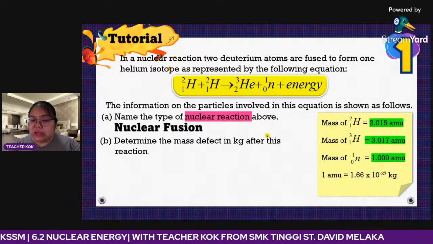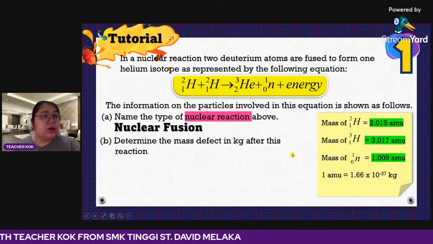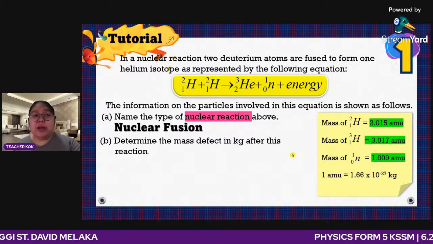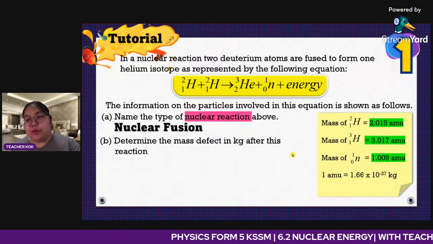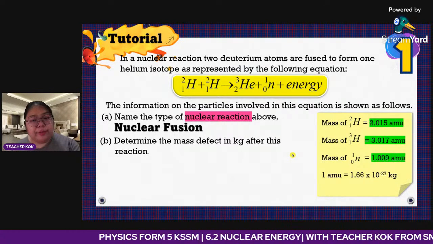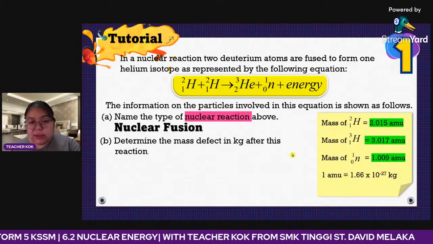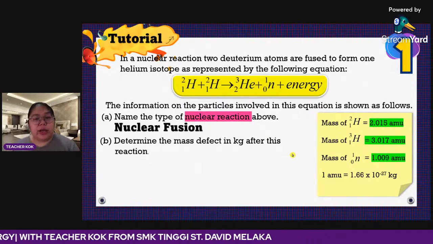Second question. You need to determine the mass defect in kilograms after this reaction. So you need to find the mass defect. What you need to do is find it in AMU first, then convert to kilograms. Take some time.